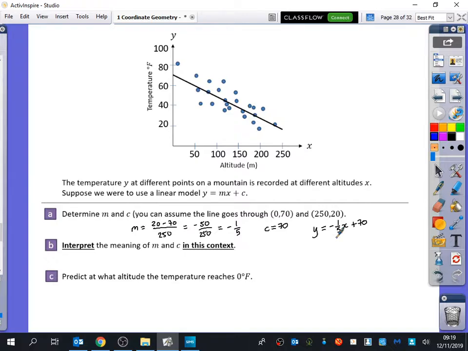Excellent. I'm going to write that down. For every 1 meter the altitude increases, the temperature decreases by 0.2 degrees, and in this case it's Fahrenheit.